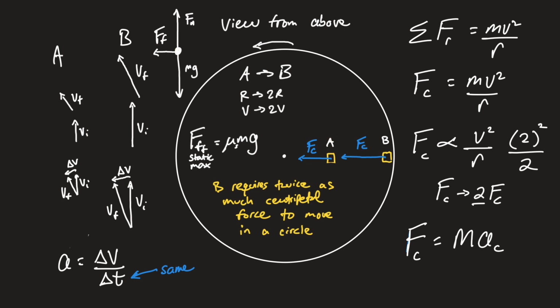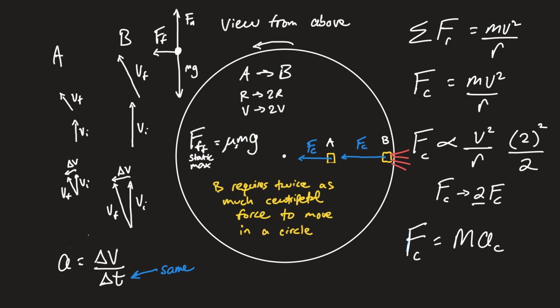Now, if you had some other ability in this problem to provide more force inwards, like let's say you had a rocket. I always like to use that example. Let's say you had a rocket thruster coming out like this. Okay, so you bring this thing over here, and you get half the force you need from static friction, and then maybe the other half comes from that rocket thruster, which also points inwards.